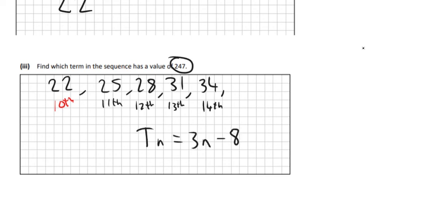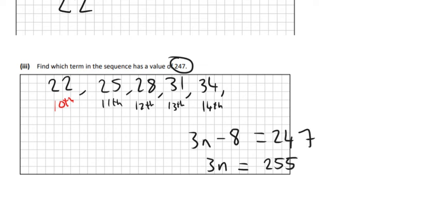We want to know what value of n would make that equal to 247. So we get an equation with just n in it. If you bring the -8 across to the other side, it becomes +8. So 3n equals 247 plus 8, which is 255.